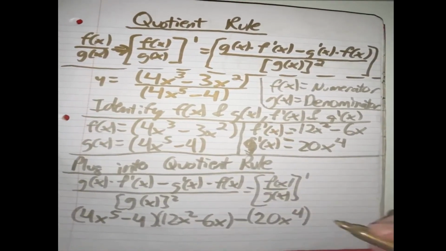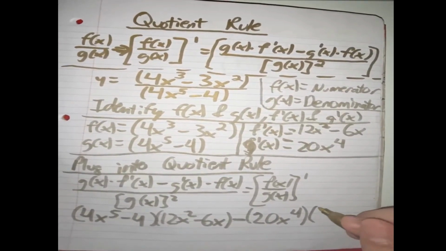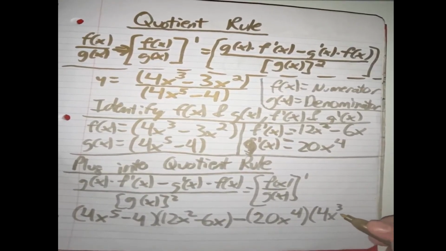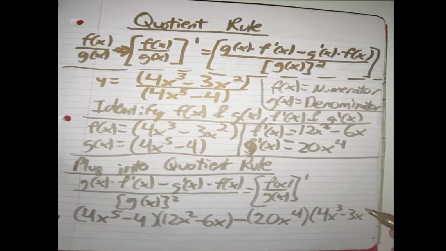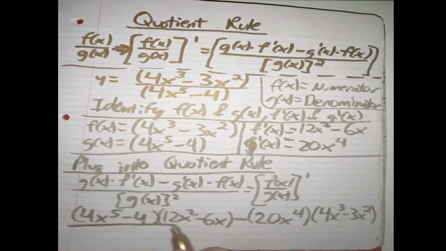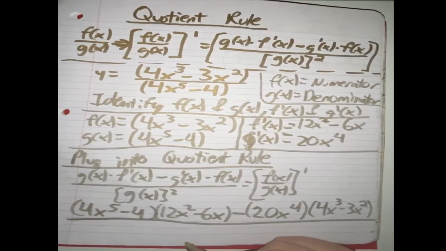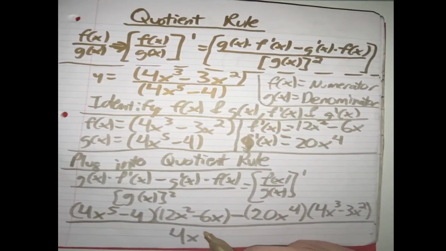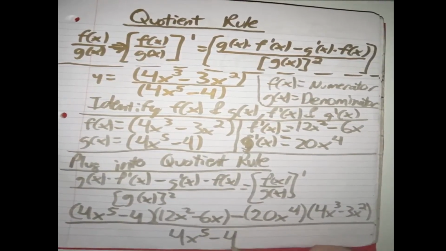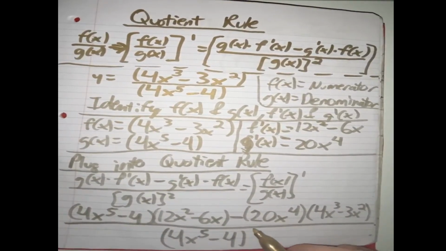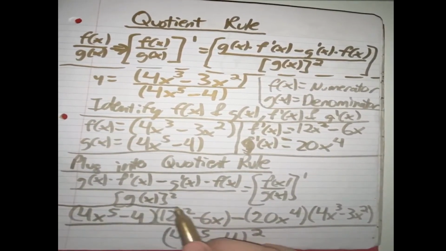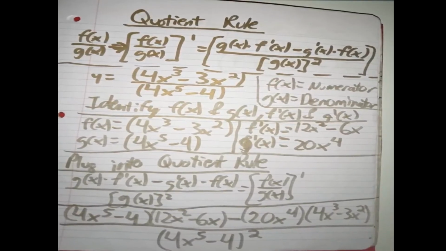So f of x is 4x cubed minus 3x squared, all over g of x squared. So g of x squared is 4x to the 5th minus 4, squared. And this is how we apply the quotient rule.